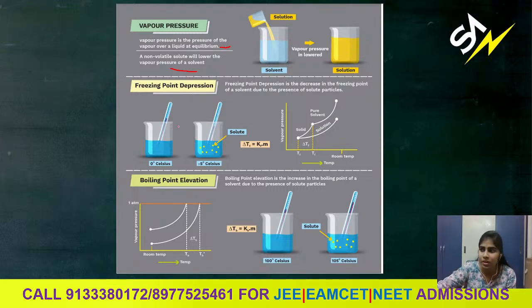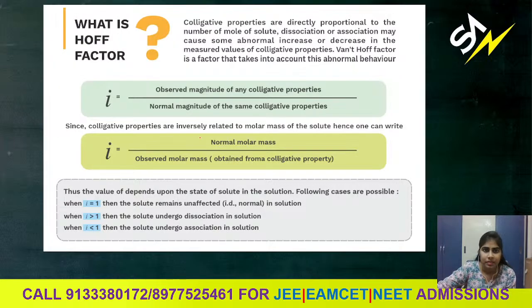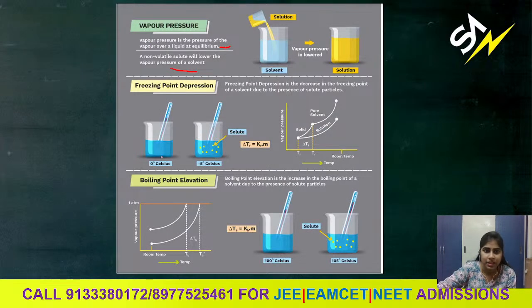Next, freezing point. If the freezing point of one solution is at 0 degrees centigrade, if we add solute, it will be reduced to -5 degrees centigrade. That is depression in the freezing point. For boiling point, there will be elevation in the boiling point. If this is the boiling point of the solvent, if we add solute to it, its boiling point will be increased.